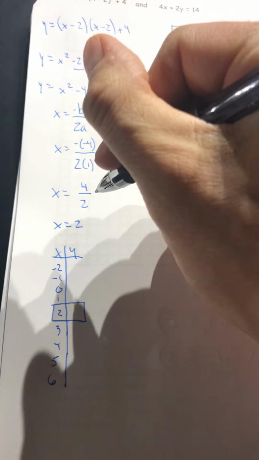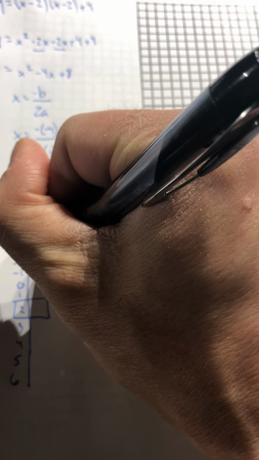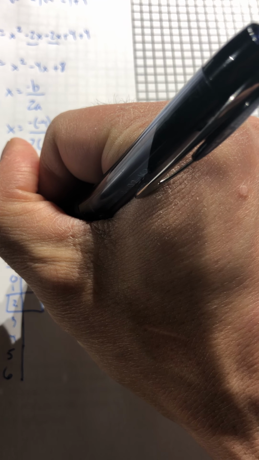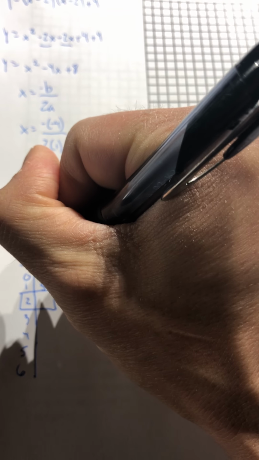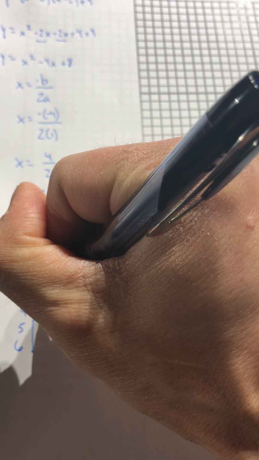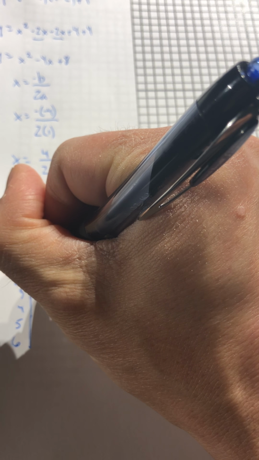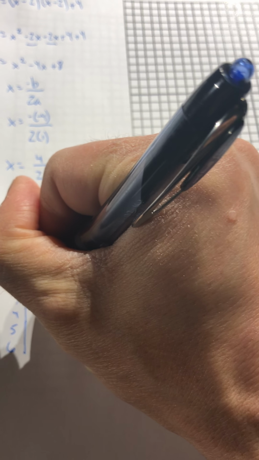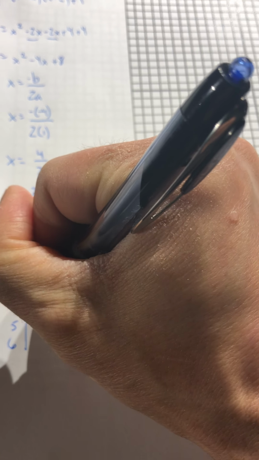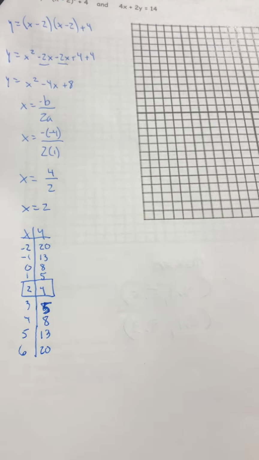And when we do that, we will get values of 20 for y, 13, 8, 5, 4, and then they just repeat: 5, 8, 13, and 20.